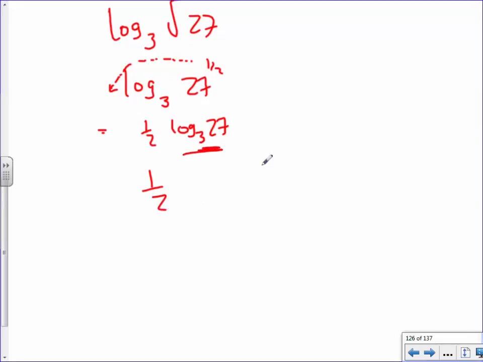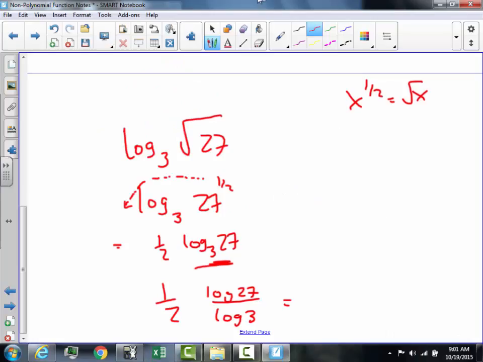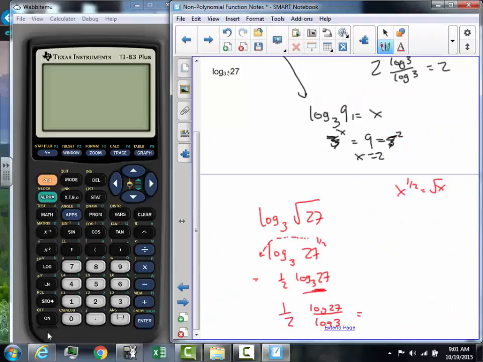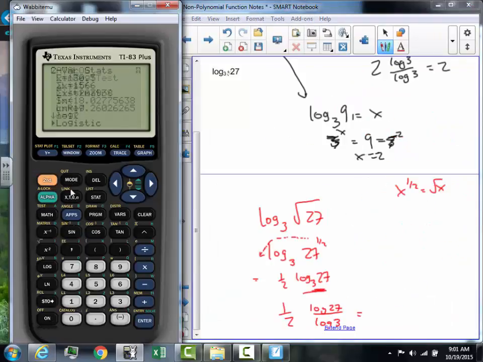Don't get stumped on this little bit here. Log base 3 of 27 is just a number. If you're struggling with how to put that in your calculator, you could say that it's the log of 27 divided by the log of 3. So, here, I'll use my calculator now and try to solve what this is equivalent to. I need 1/2.